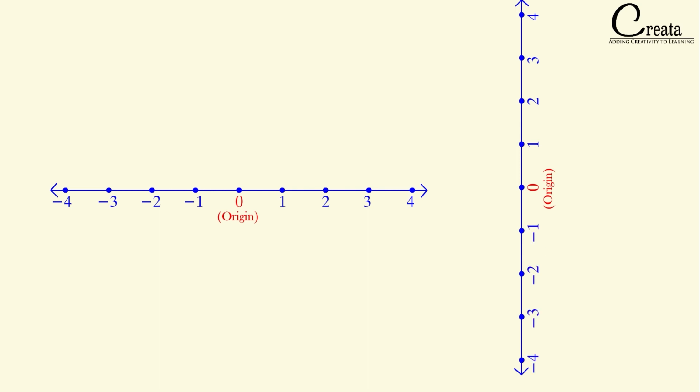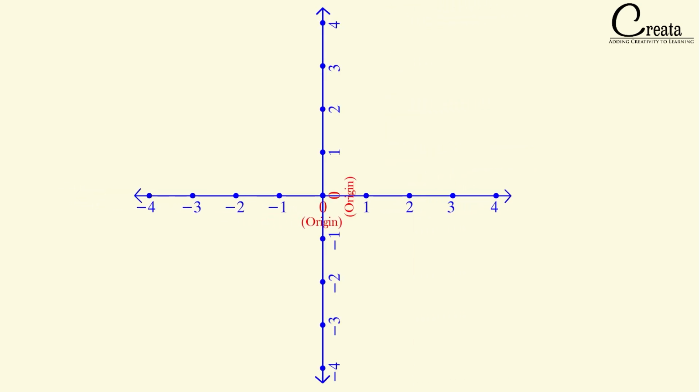These two lines, that is horizontal as well as the vertical line, will be used in the coordinate system, and these two lines are intersecting at the point 0, that is the point of origin. This is point 0. It is also denoted as point O, that is point of origin. O, it is origin.